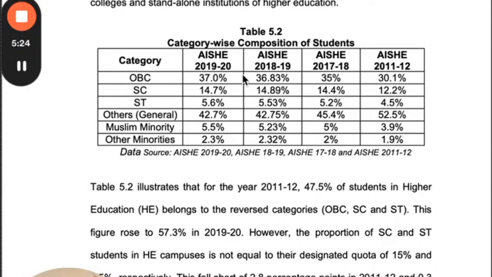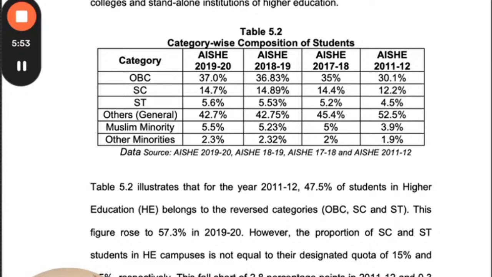That problem will not be there now, because there's a sufficiently large pool of SC/STs coming in, and once they are in the system for 4 or 5 years, they catch up and start performing very well.